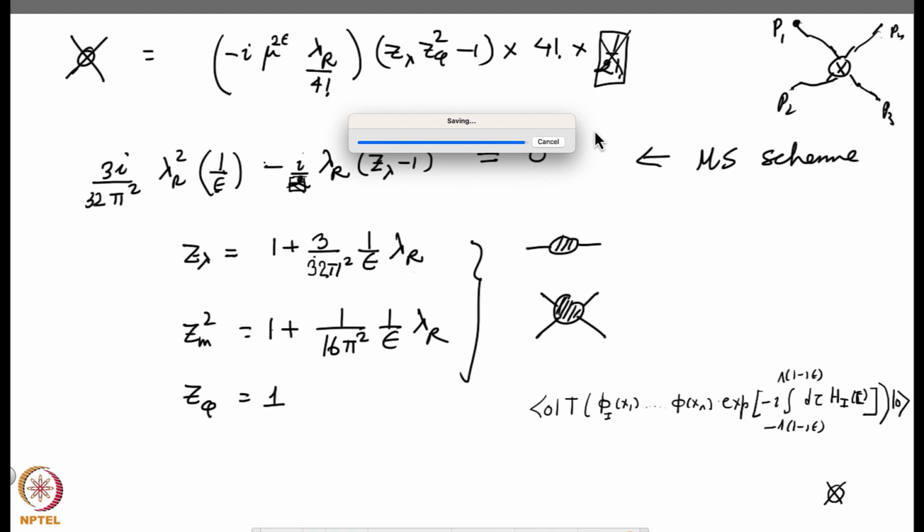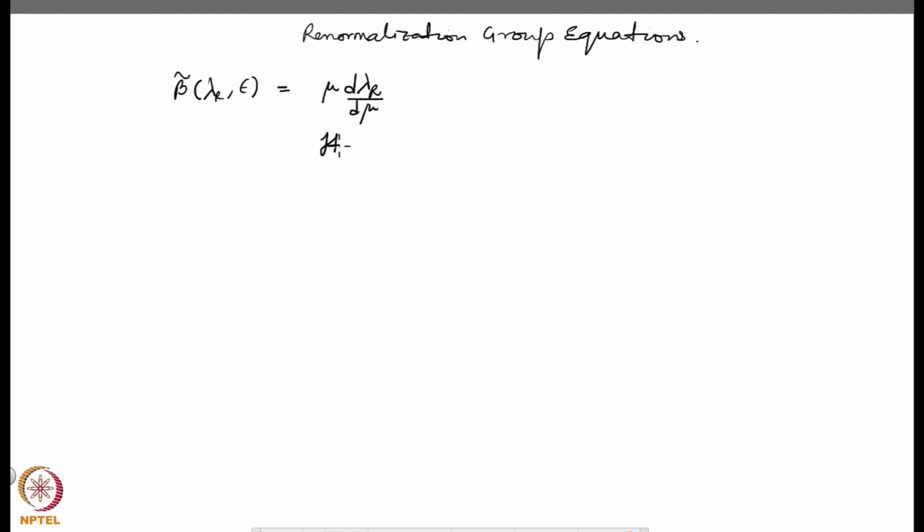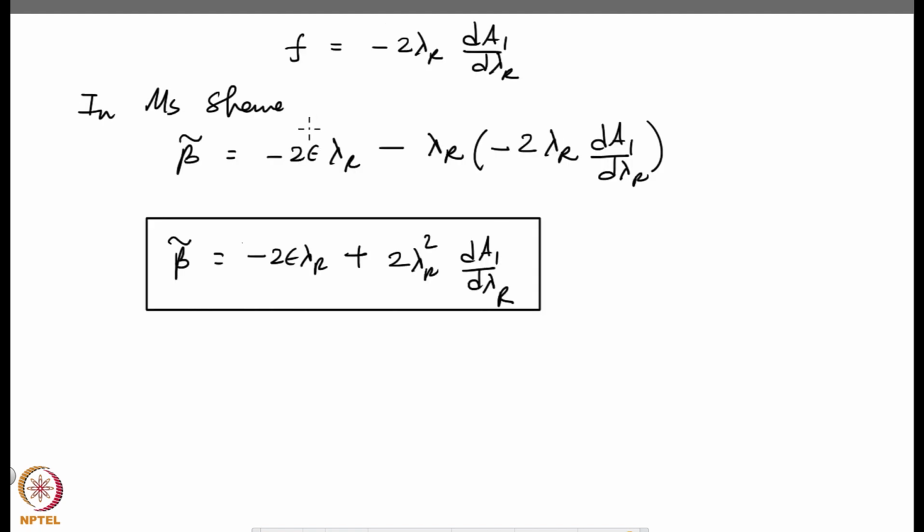Now let's return to our discussion on how m_R changes with mu in phi-4 theory. Or the discussion will be general, but let's see. So back to business. Our question is, did I give an expression for this one?